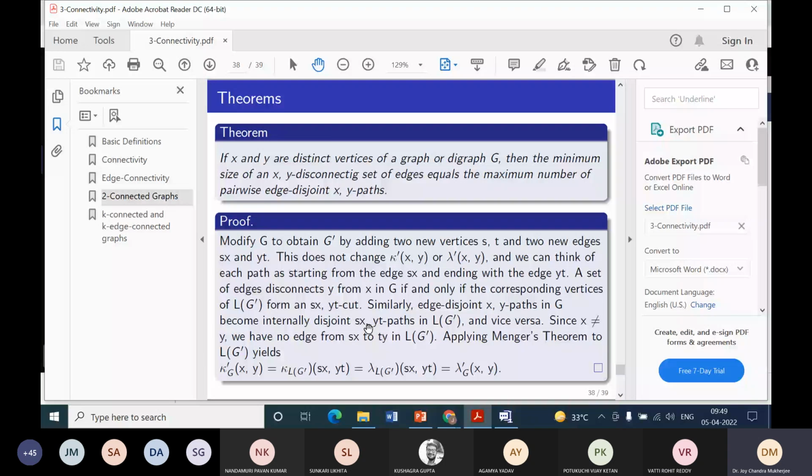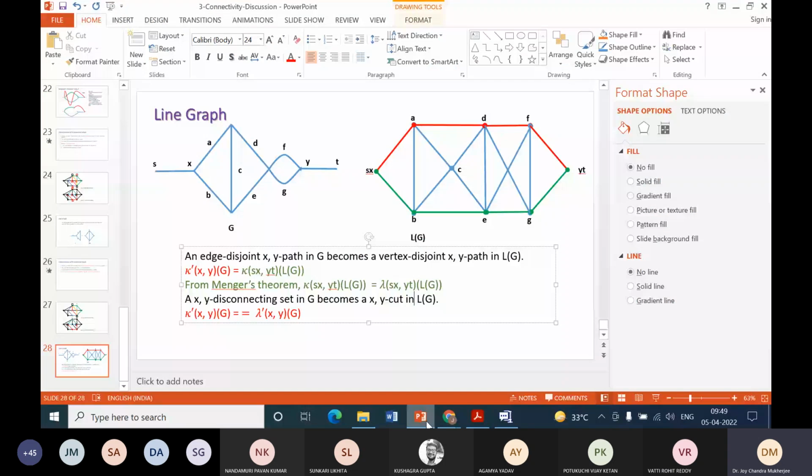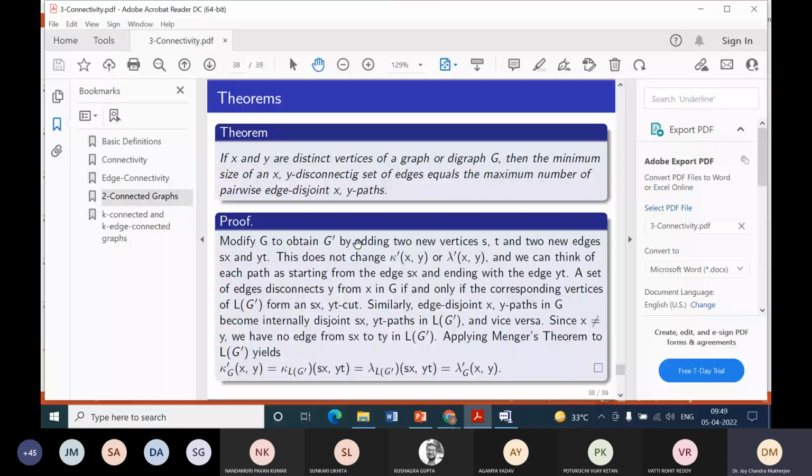Sx and yt I have added, and from this graph I create LG. Okay. Now this does not change chi prime xy and lambda prime xy, because s is adjacent to x only and t is adjacent to y only. Now we can think of each path as starting from edge sx and ending at edge yt.